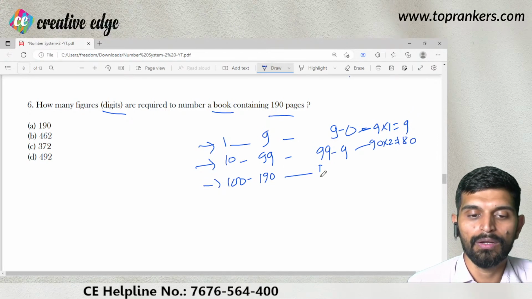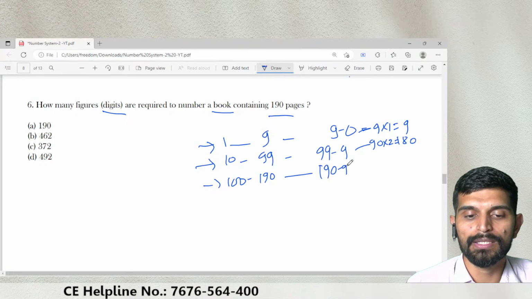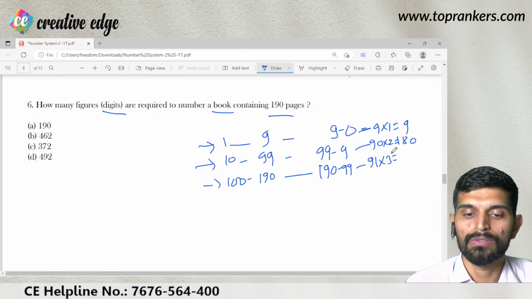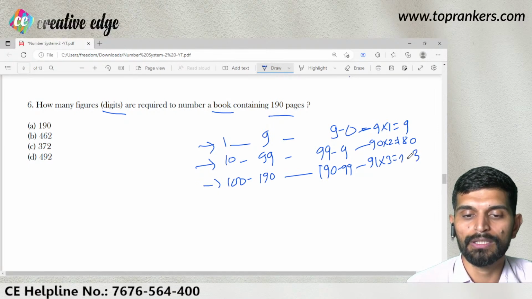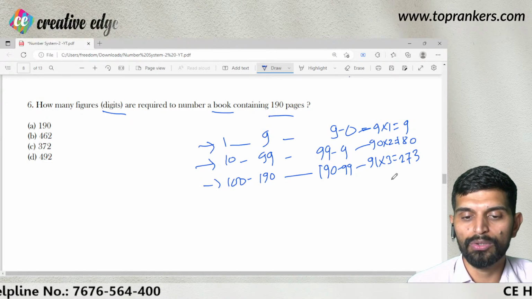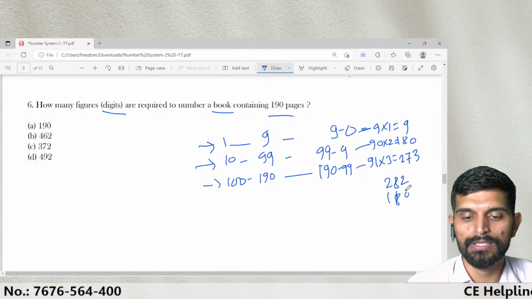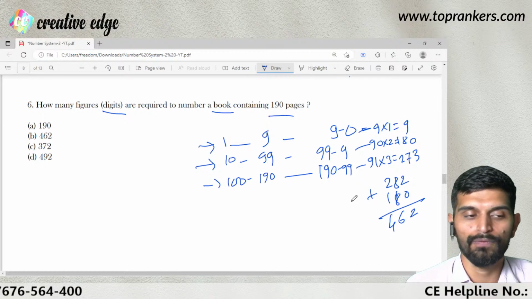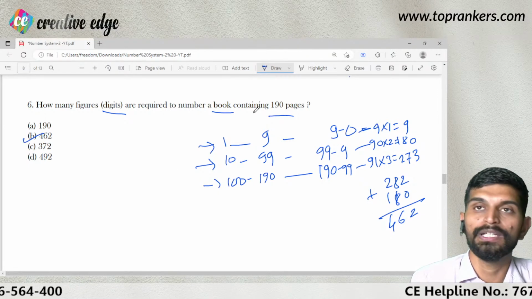And here 190 minus 99 giving you 91 into 3. So 3 ones are 3, 9 threes are 27. So 273 plus 9, 282, 282 plus 180, so 462 will be the answer.